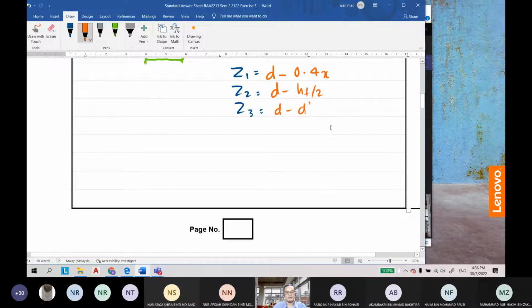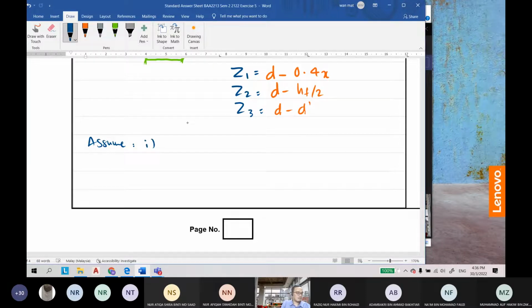So what we are going to assume is, first assumption, the steel stress FST is the design yield stress equal to 0.87 FYK.